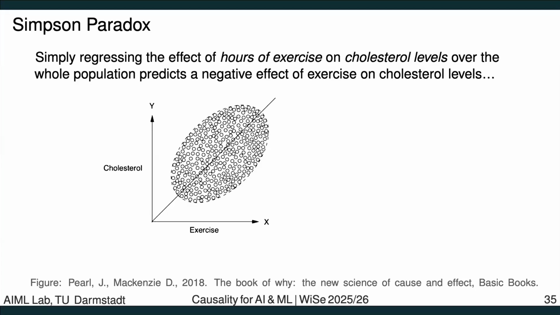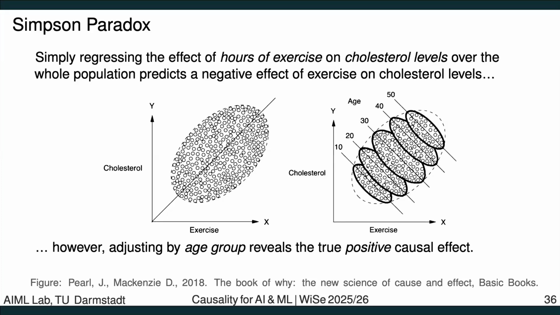And here, just a disclaimer, I will have it on the slides later. It's a synthetic example, but to show the point. Basically, does someone have an idea why we could see such an effect? Maybe we have missed something, maybe there's something wrong with the data. But really, we got some data set, hours of exercise and cholesterol levels, and put a linear regression on it.